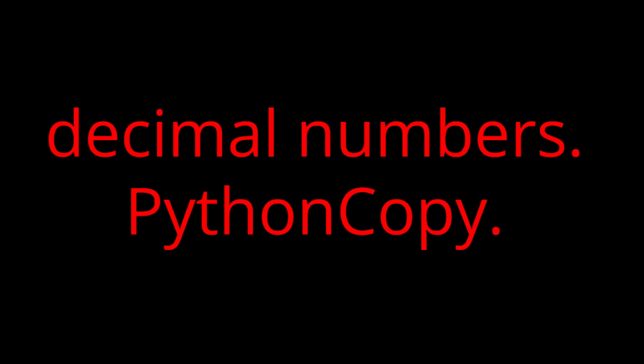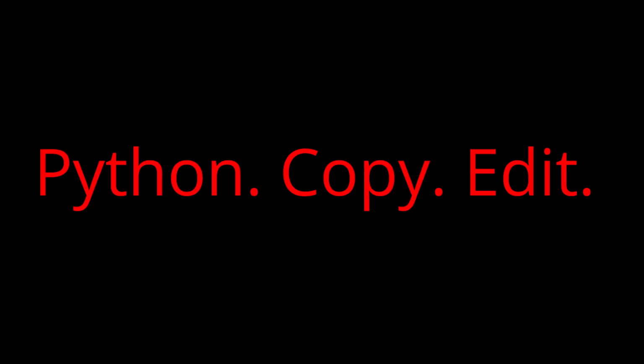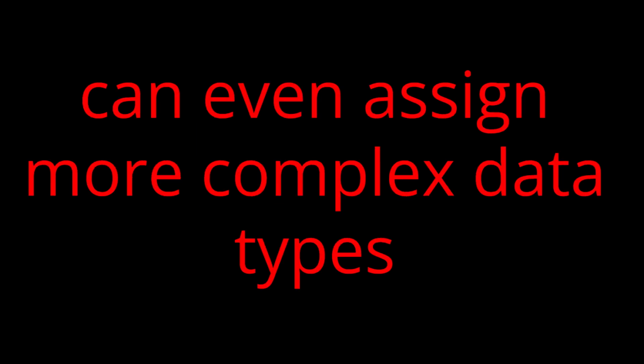Floats are decimal numbers. price = 19.99. Booleans represent true or false values. is_logged_in = True. You can even assign more complex data types like lists, dictionaries, or objects, but we'll save those for another video.